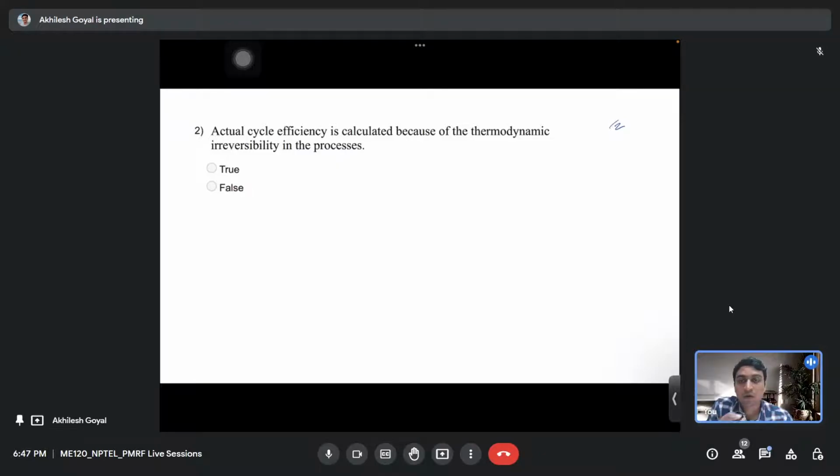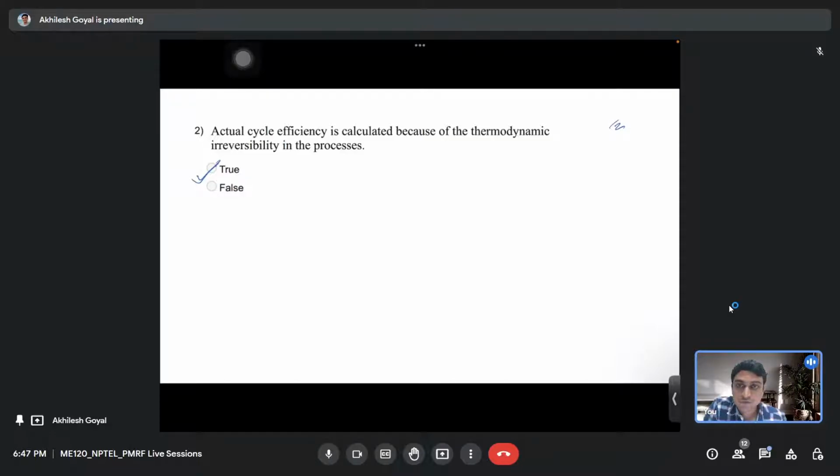So considering all these thermodynamic irreversibilities, actual cycle efficiency is calculated. So the answer is true.